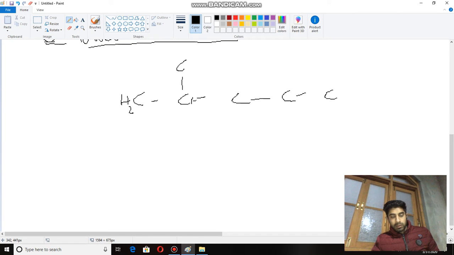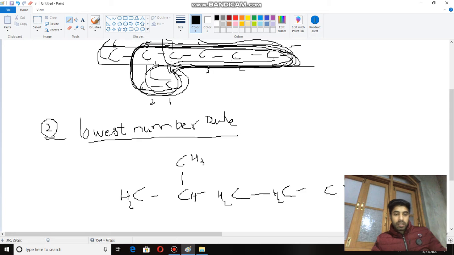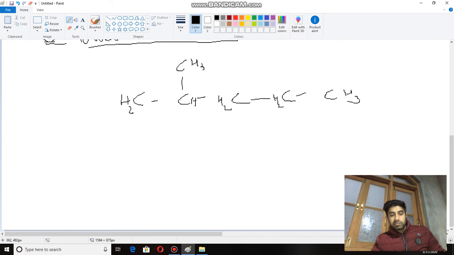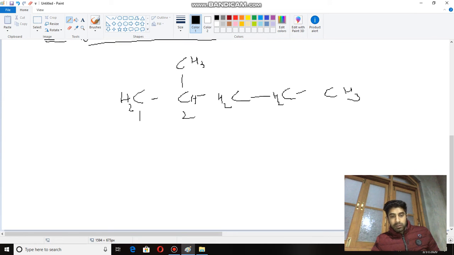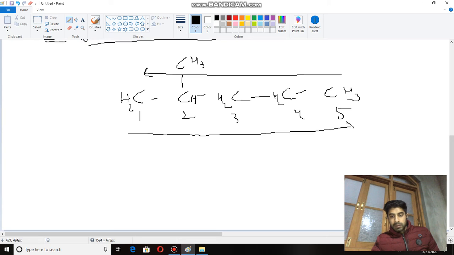You all know that this is only CH, CH3, this is H2, H2 and H3. First of all, let's look at this parent chain. It's 1, 2, 3, 4, 5. This is our parent chain, so I can number it from here or from here. So coming from here, it's 1 2 3 4 and 5.